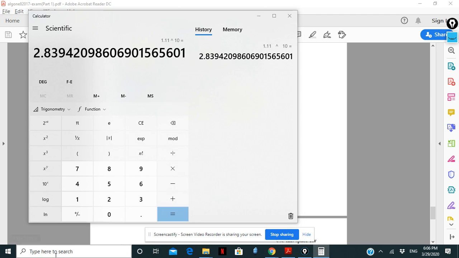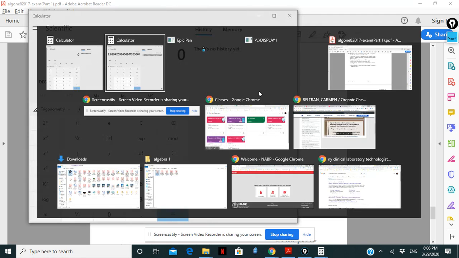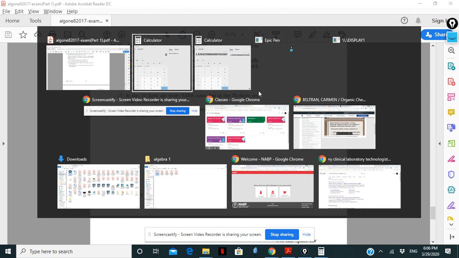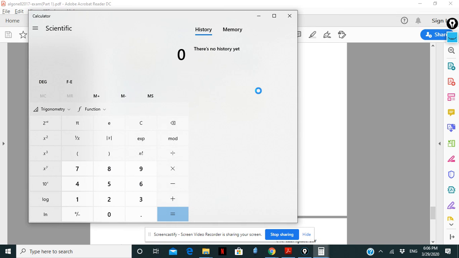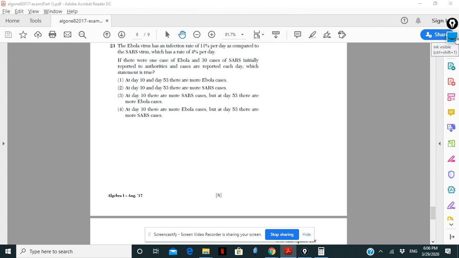2.83. And I'm going to have another calculator. I think it's much better to be done with the graphing calculator. So I'm going to explain how to do it using the graphing calculator.